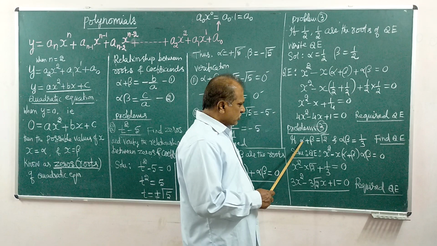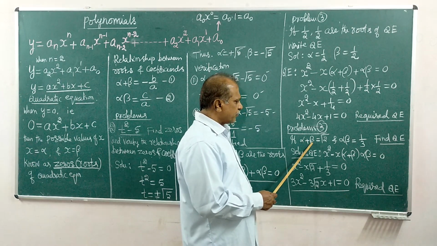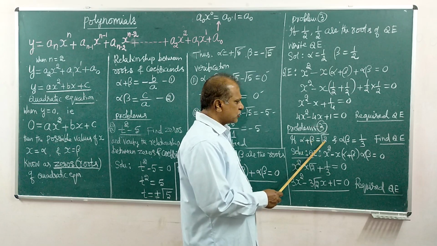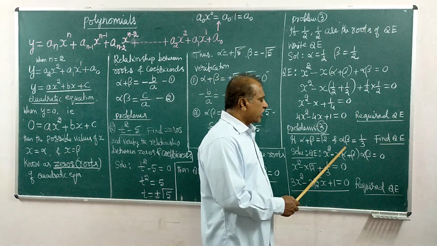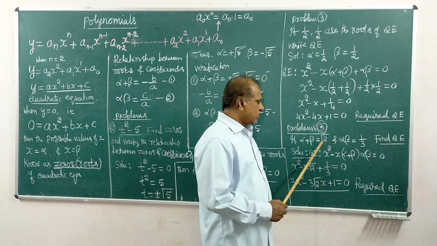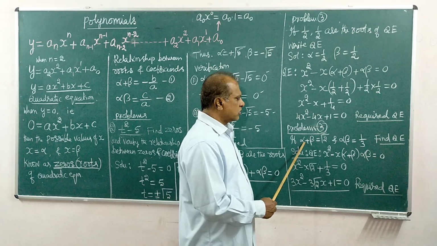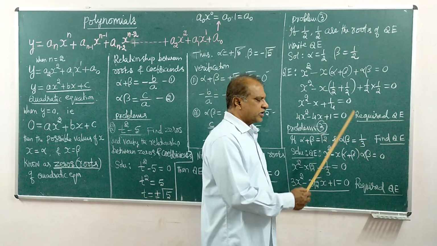Alpha and beta values are not given separately, but you are given the sum of the roots. Alpha plus beta is root 2. The product of the roots is 1 by 3. The sum of the roots and the product of the roots are root 2 and 1 by 3 respectively.